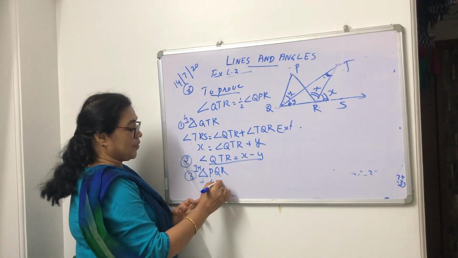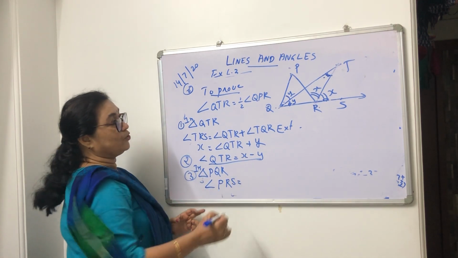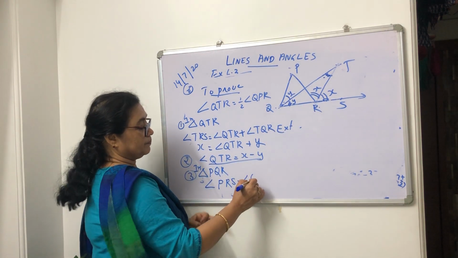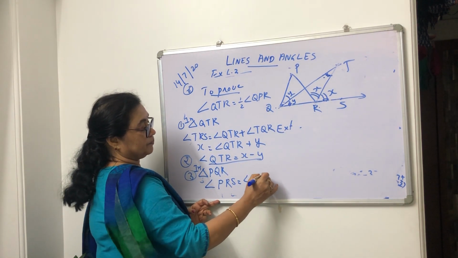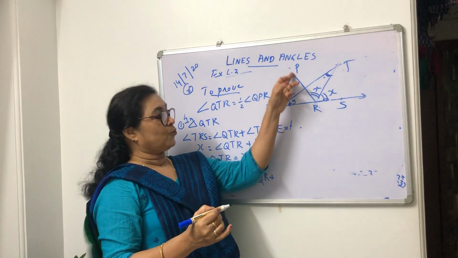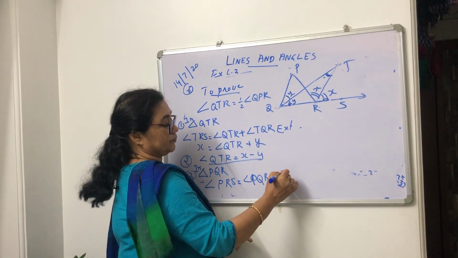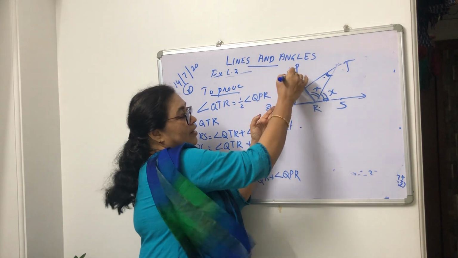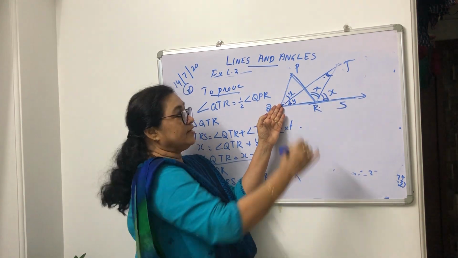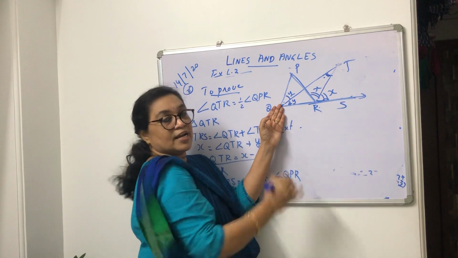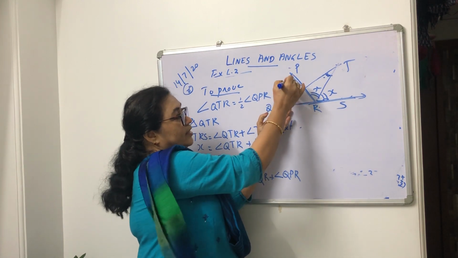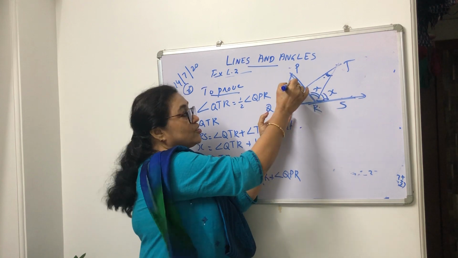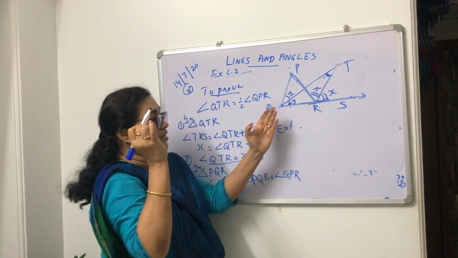Therefore, angle PRS equal to angle PQR plus angle QPR. Clear? This is the side extended, PRS is the exterior angle, and this angle and this are the interior opposite angles. This exterior angle is equal to sum of the interior opposite angles.